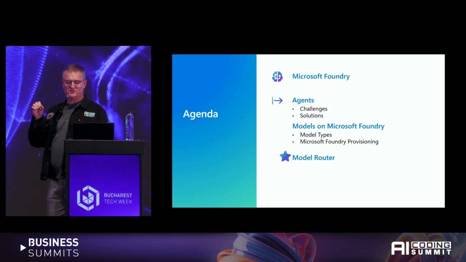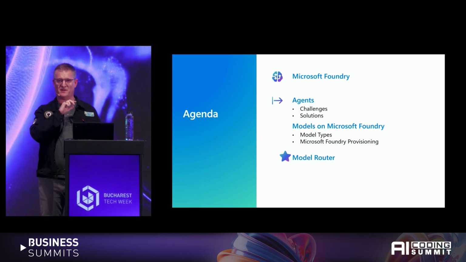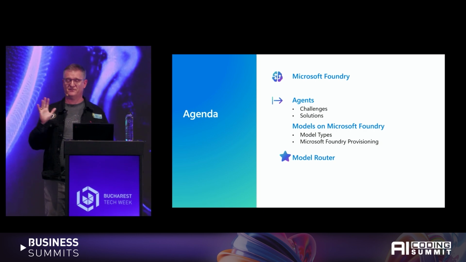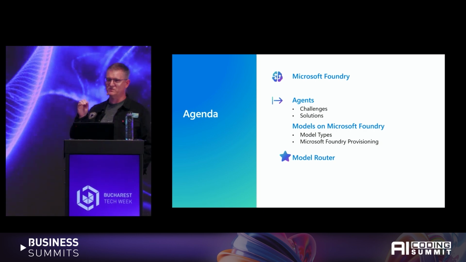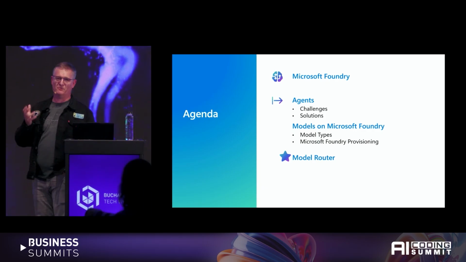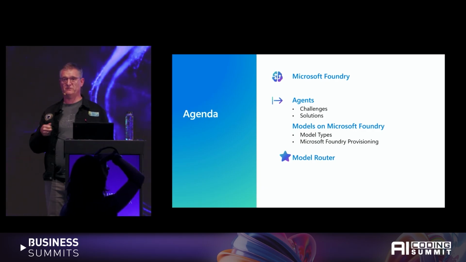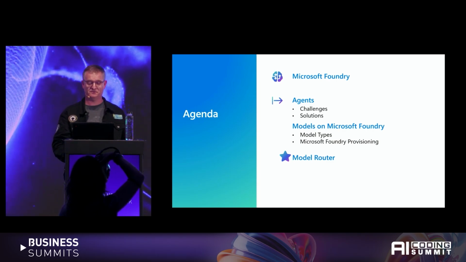Then I'm going to focus on Microsoft Foundry and model types and the variety of models that are out there, because again, some of you might not understand the different types of models. And then I'm going to focus on Model Router. So Model Router is a new service that Microsoft is offering to try and help developers really get over this issue of just model fatigue and the issues of which model do I choose.